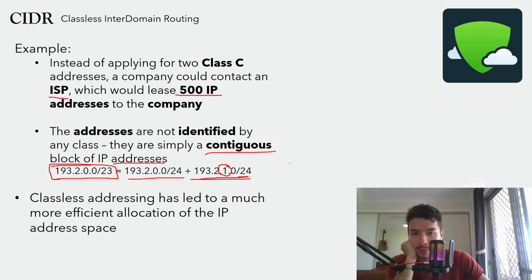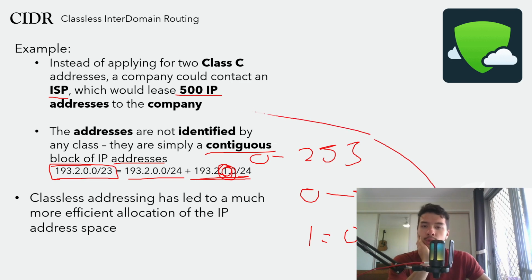Now the reason for that is because the first one is going to go from 0 to 255, and then the next one is going to go from 0 to 255 as well, but you have to flick this bit, which is the last bit in the third octet, to on to represent the next network. That's going to have a capability of 2 times 255, which is going to equal the 500 potential with the two subnets, and then you can aggregate that using the /23, which is going to equal this right over here.